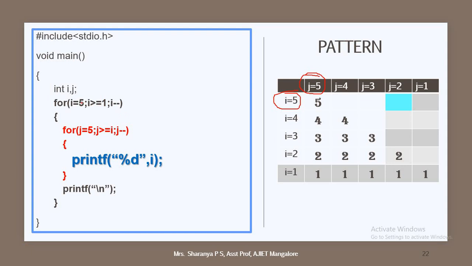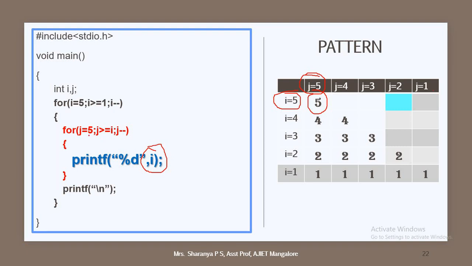I will begin with 5 and extend till 1. And J also will begin with 5 and extend till 1. And at the location I equal to 5 and J equal to 5, we will be printing the 5. That is what we have written with the I value. And for the next iteration, I will now be decremented.